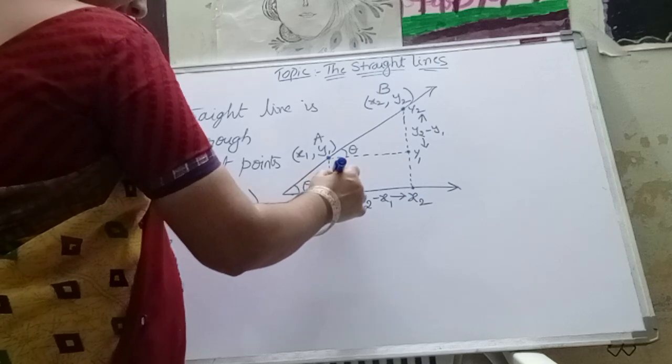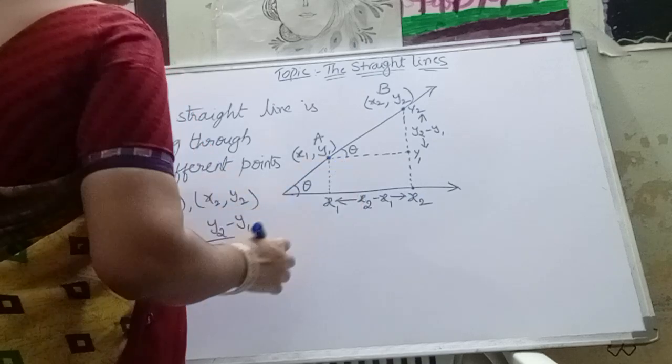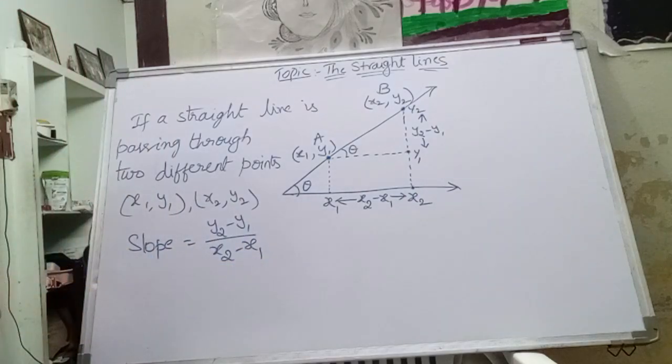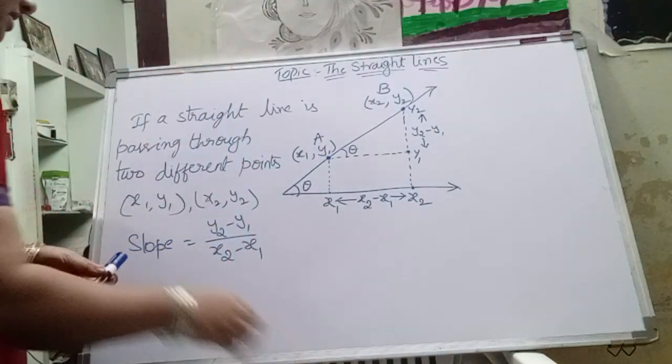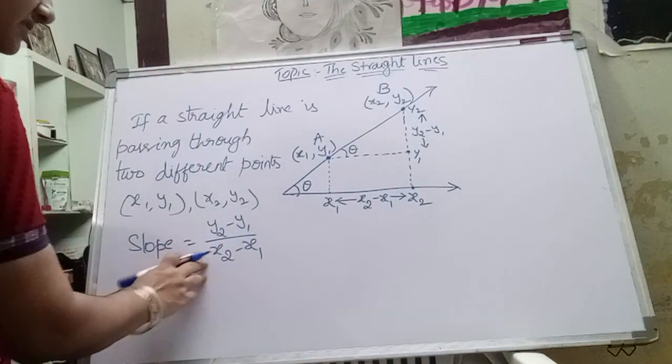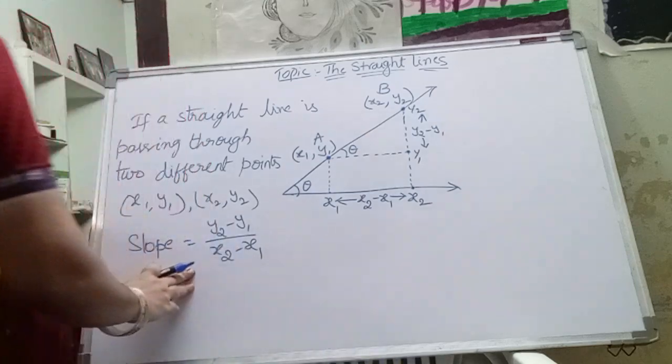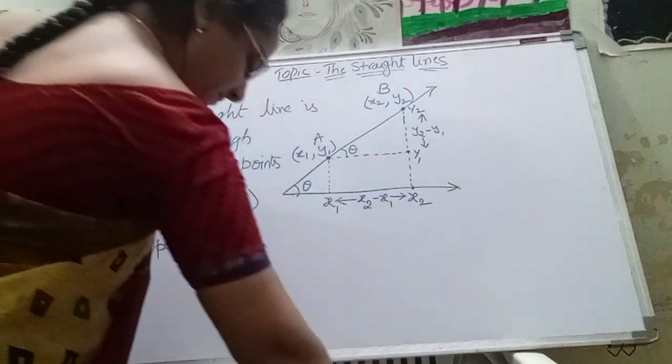This is point A, this is point B. Slope equals y2 minus y1 by x2 minus x1. Understood? This is the slope. By using this formula, you can find the slope of the given line.